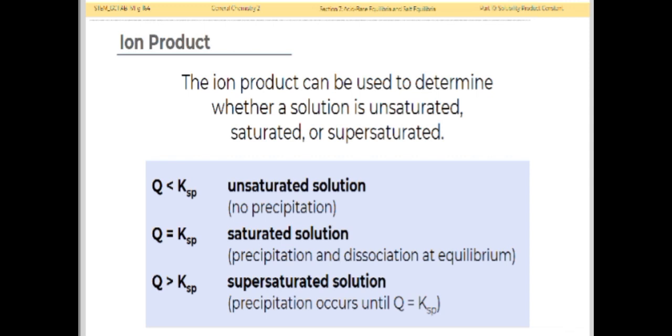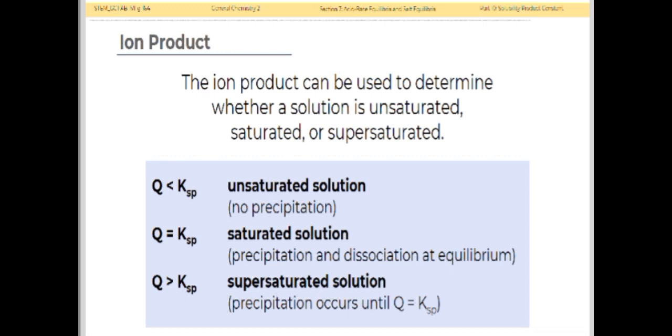So, the ion product can be used to determine whether a solution is unsaturated, saturated, or supersaturated. When Q is less than the constant Ksp, an unsaturated solution is formed. When Q is equal to Ksp, a saturated solution is formed. That is, precipitation and dissociation are at equilibrium.